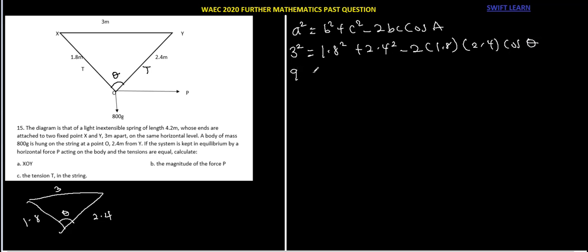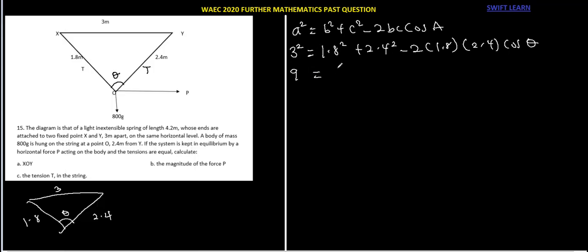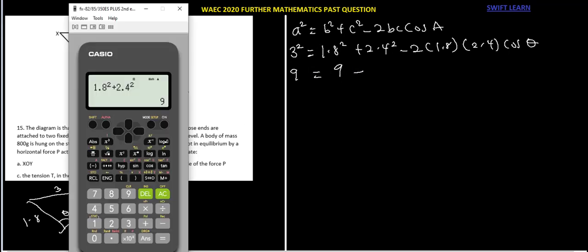So what is 3 squared? That's obviously 9. What is 1.8 squared plus 2.4 squared? Funny enough, that's also 9.